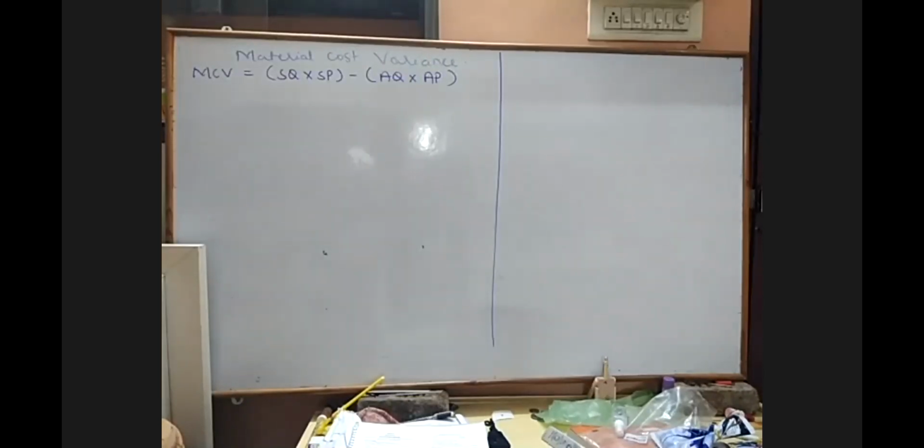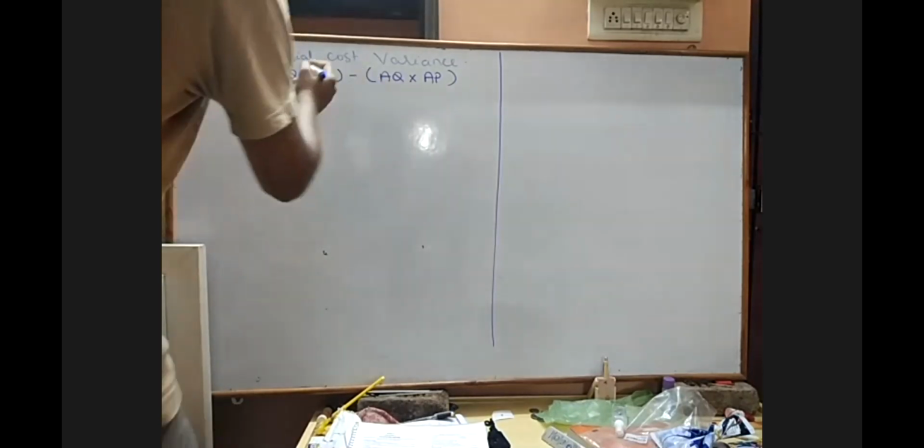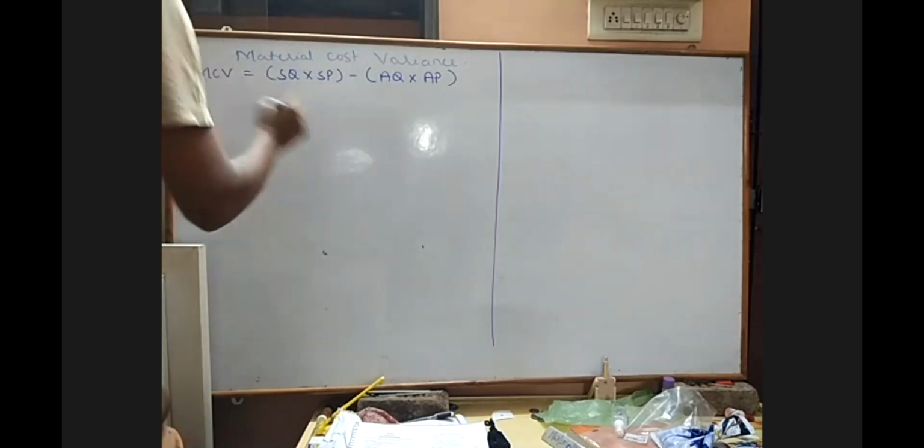Now, in the problem, the standard quantity of A is already given and its rate is also given, and once it is multiplied, the value is also already given in the problem. That is 350 into 10, 3,500. So even if you do not write this 350 into 10, it is okay because it is already given.